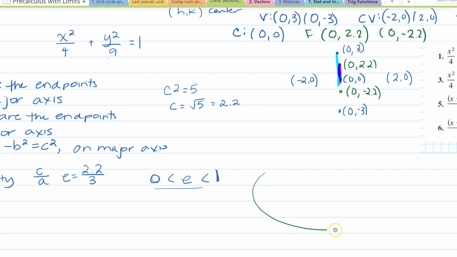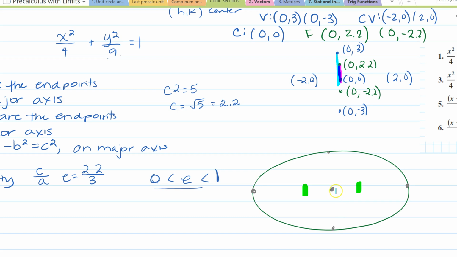If this is my ellipse, and my foci is here and here, my center's here, and the vertices are here, co-vertices here. I want to show you what A and B are.